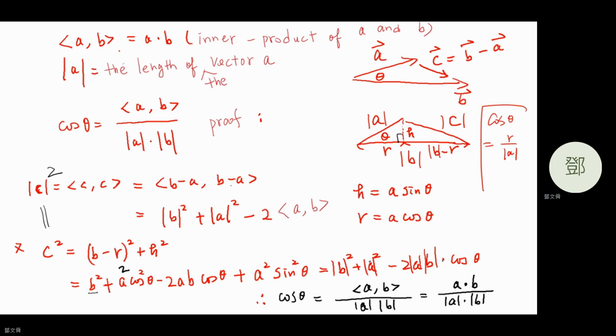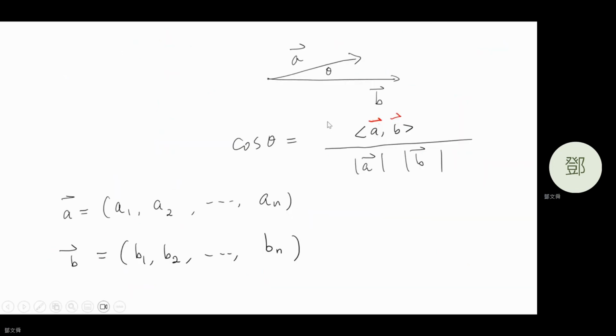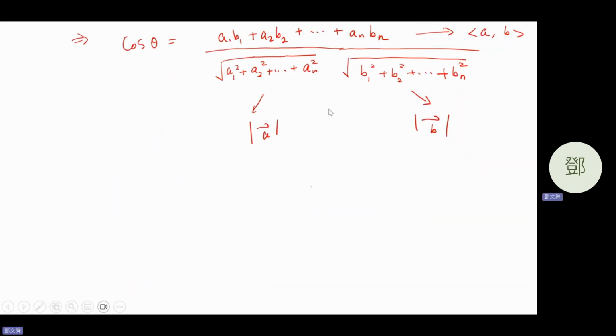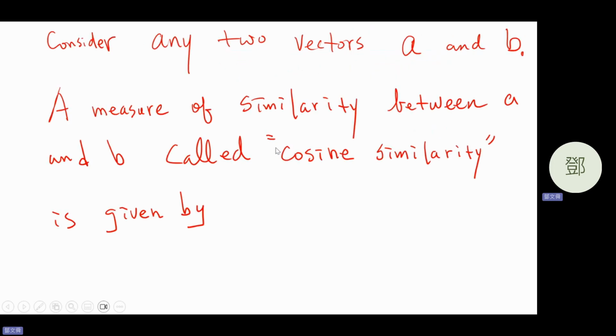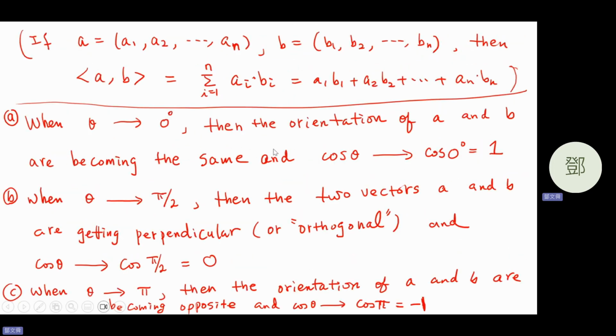The upper term here is the inner product. Any question? If you don't have any question, then I will proceed and teach you how to use this measure. So this is the inner product of A and B.